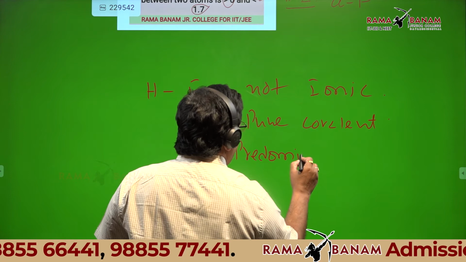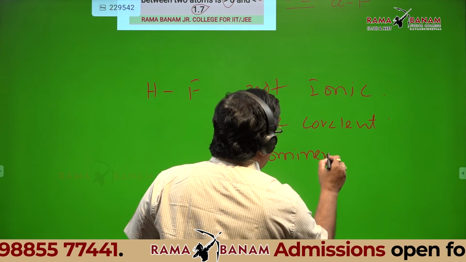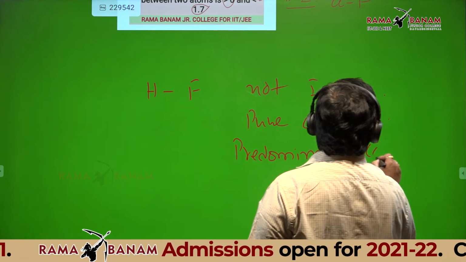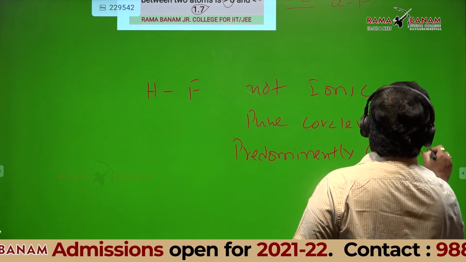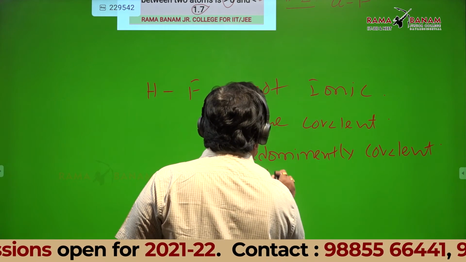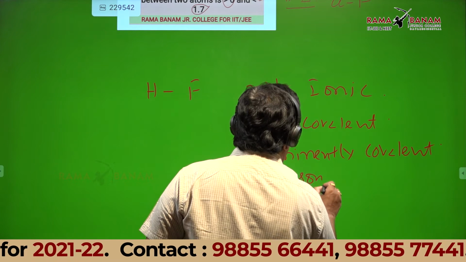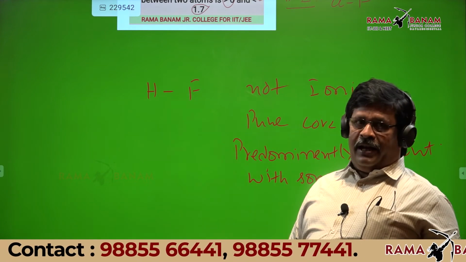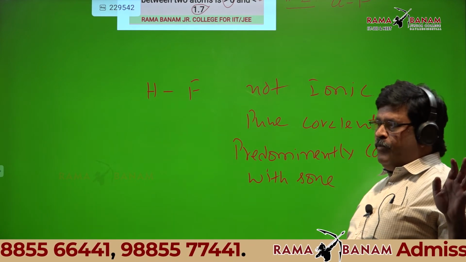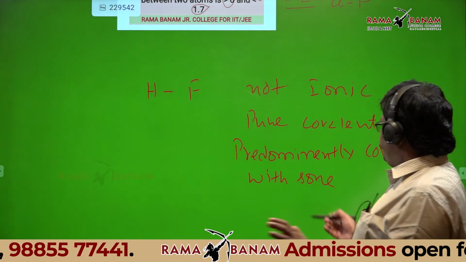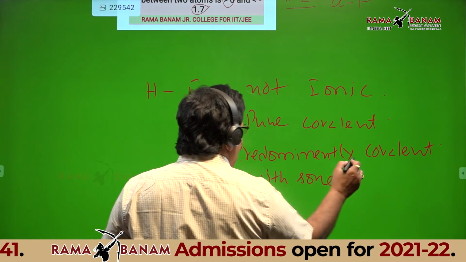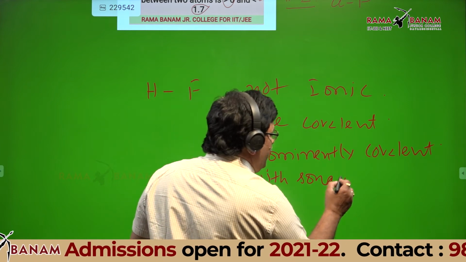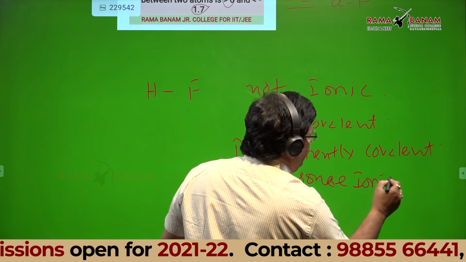Predominantly covalent with some ionic character. I'll explain where the ionic character is. Listen to me. It is predominantly covalent with some ionic character.